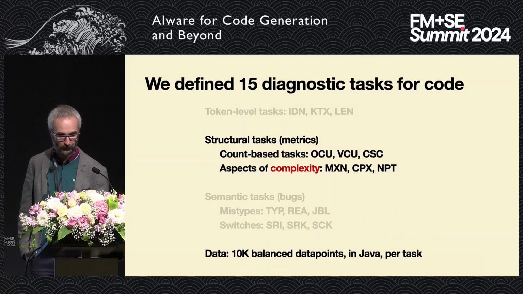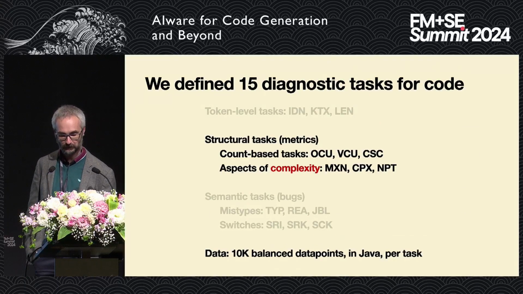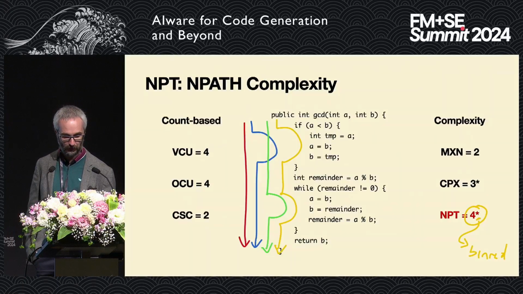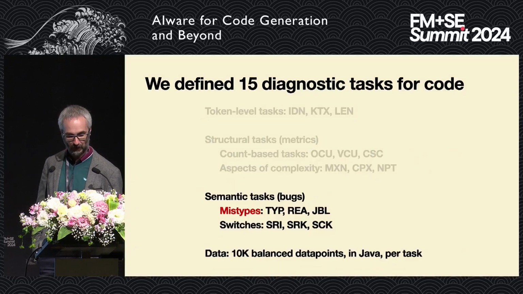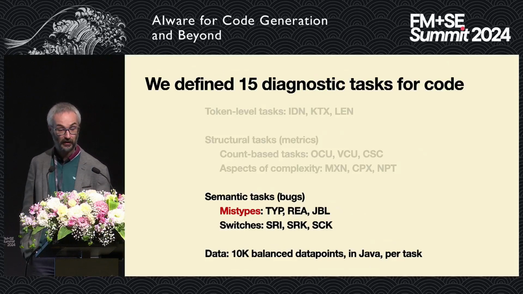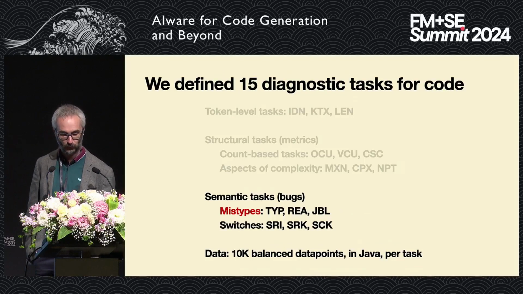We also had tasks related to complexity. We had 3 different complexity metrics, such as the NPath complexity, cyclomatic complexity, and so on. And finally, we had tasks that were more related to the semantics. Essentially, these tasks were to see if the model, based on this pre-training only, is able to detect whether some pieces of code have some kind of bugs in them.